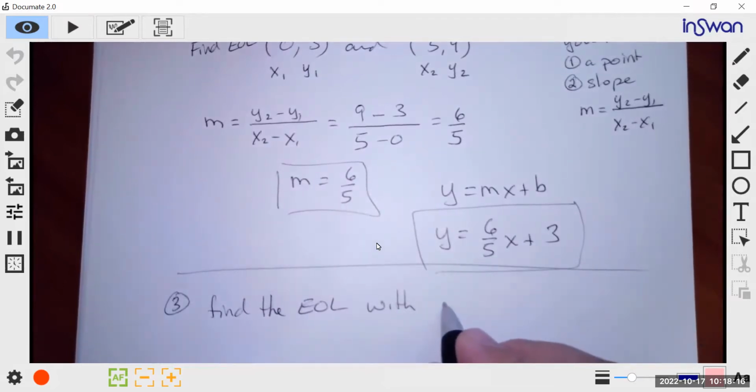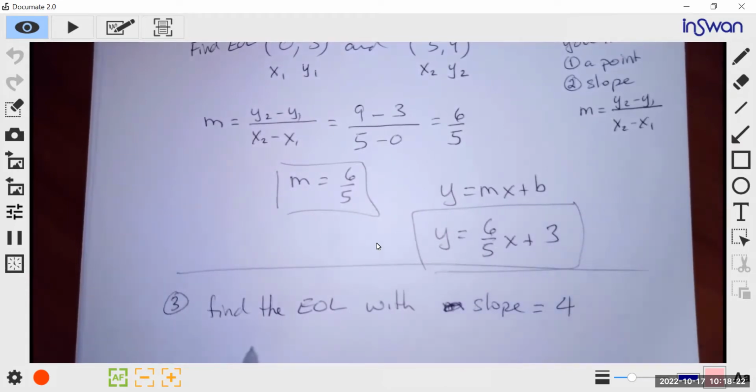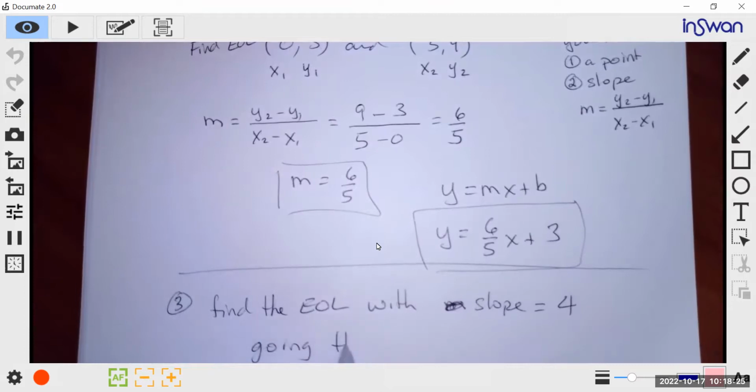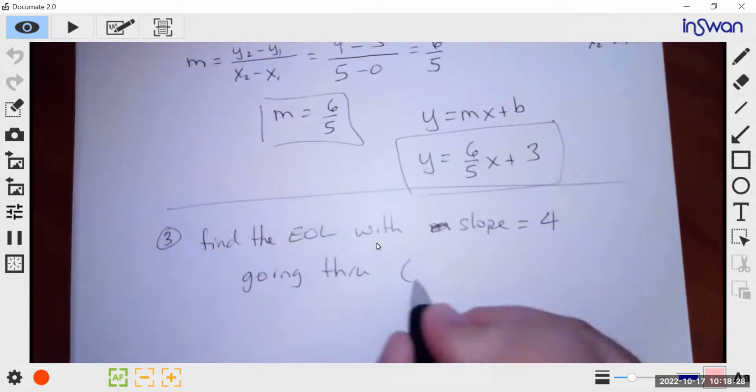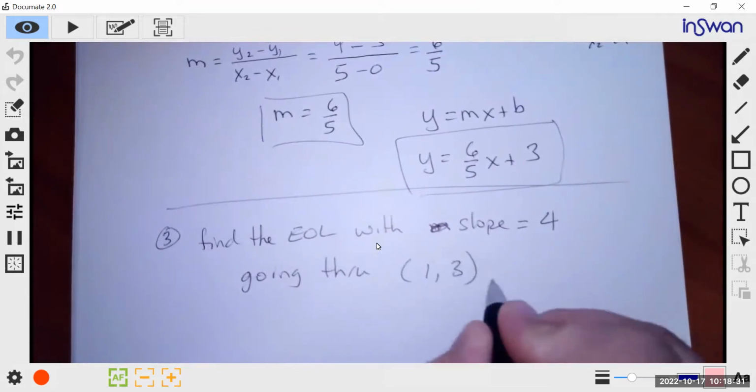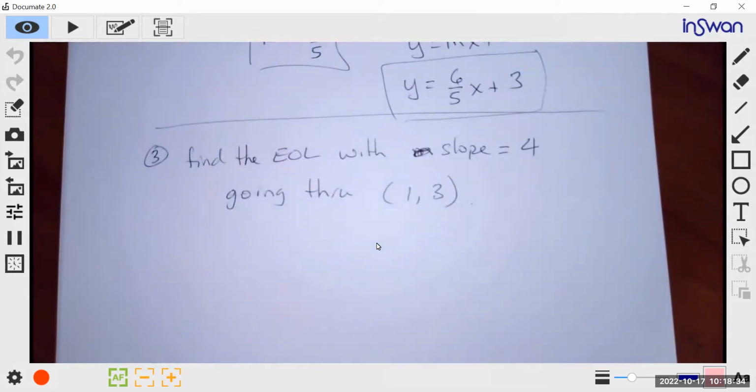Find the equation of the line with slope equal to 4 going through (1, 3).